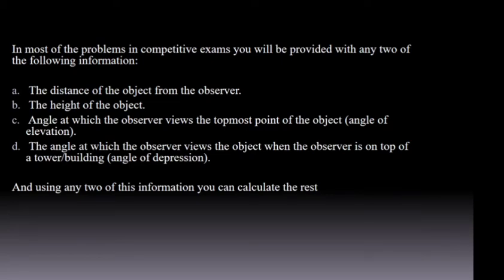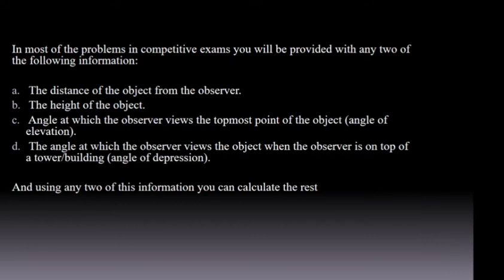Okay, now very important part. When we are talking about height and distance, we have seen that there are two angles which are very important for us. That is angle of elevation which is related to say height and the angle of depression which is related to say distance.